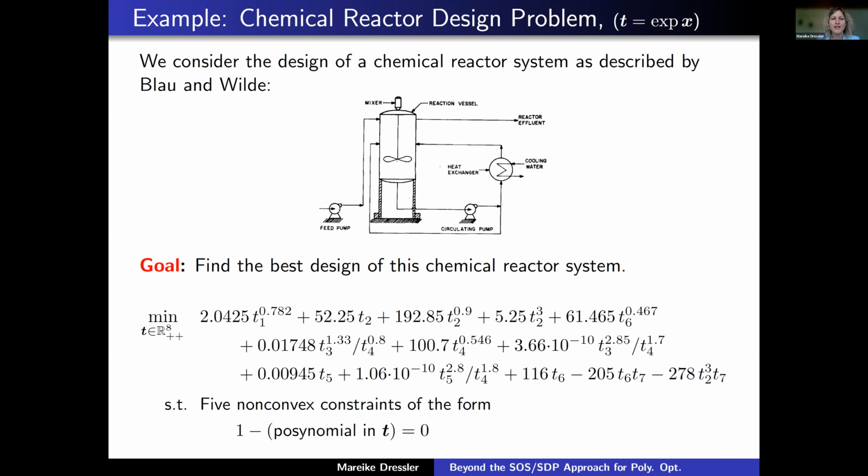So I shortly want to show you this approach for a chemical reactor design problem, namely as described by Blau and Wilde. So we have here somehow the sketchy picture you should have in mind, and the goal is to find the best design of this chemical reactor system.